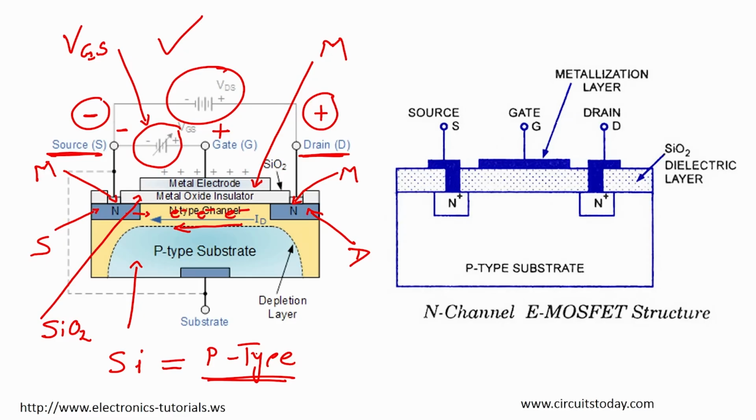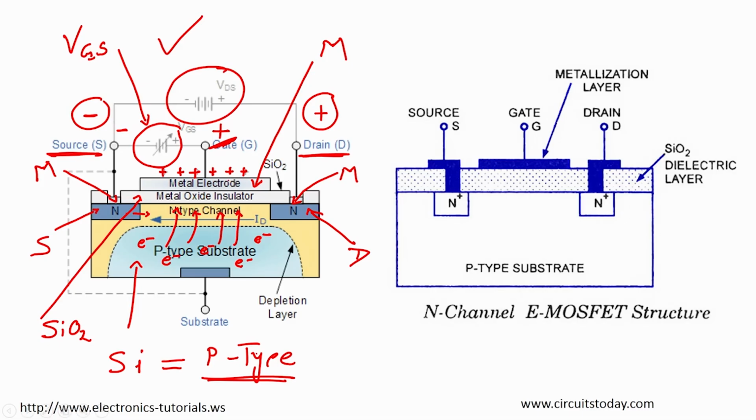That means the positive voltage here will cause the electrons from the p type to go towards the gate, which are the minority carriers. The p type substrate has electrons as minority carriers and holes as majority carriers. So the minority carriers, the electrons, get attracted towards the gate because the gate is positive.